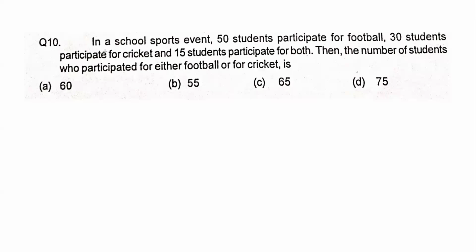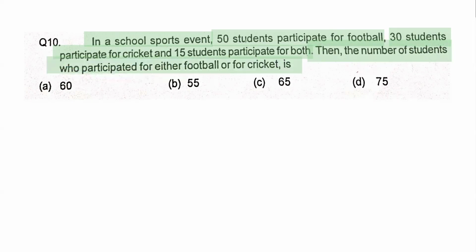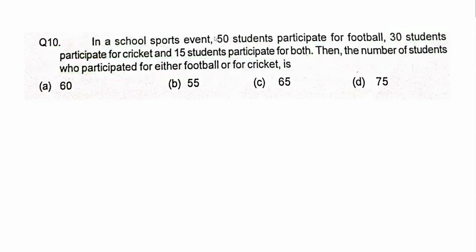Now this is question number 10. It says in a school sports event, 50 students participated in football, 30 participated in cricket, and 15 participated in both. You have to find the number of students who participated in football or cricket. So it can be done in two ways: one using a Venn diagram and the other using a formula.